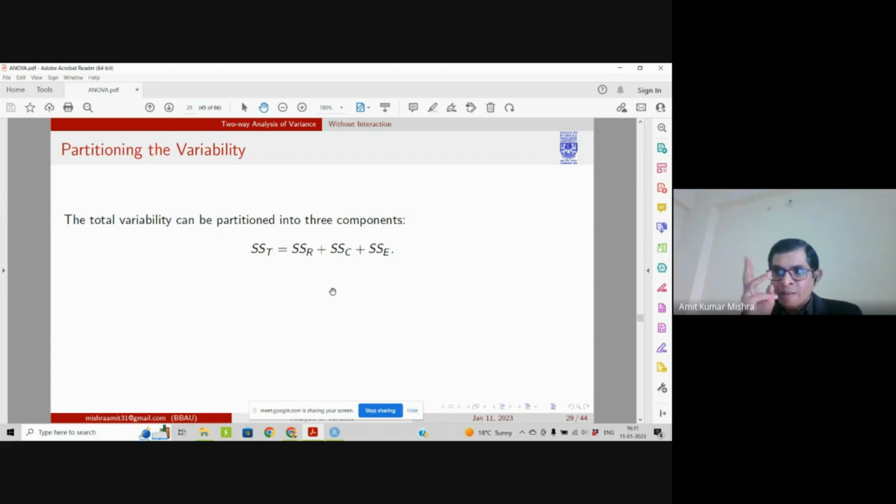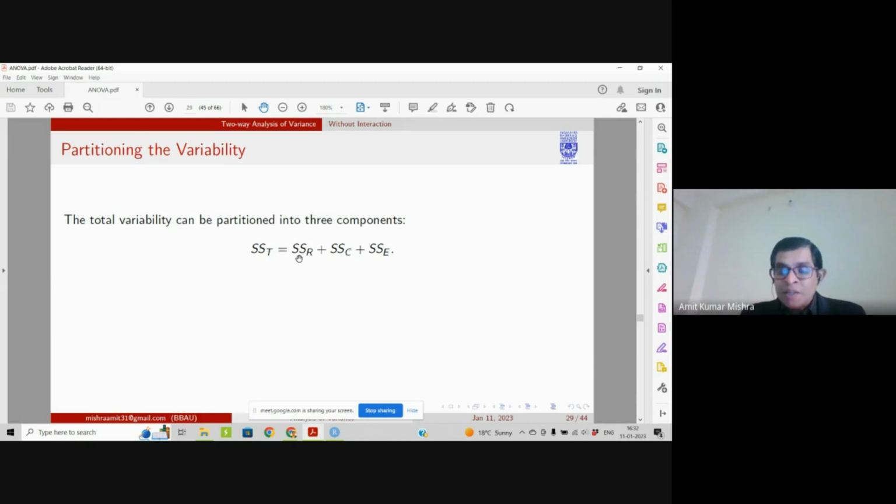So I am dividing total variation into three components: SSR, the variability due to row factor; SSC, the variability due to column factor; and SSE, the inherent variability, that is the variability due to error. Now if you divide SSE by its degrees of freedom, this will be an estimator of sigma square, and this estimator will always work.